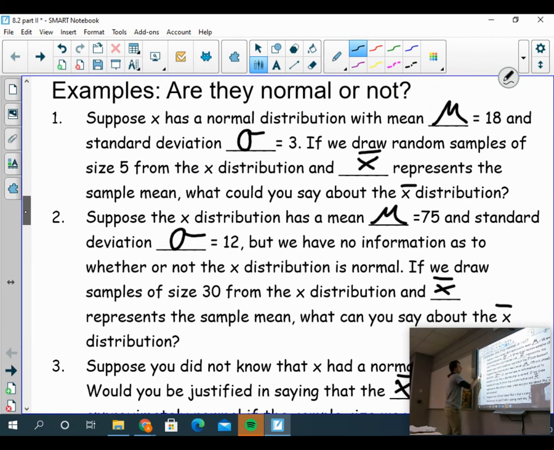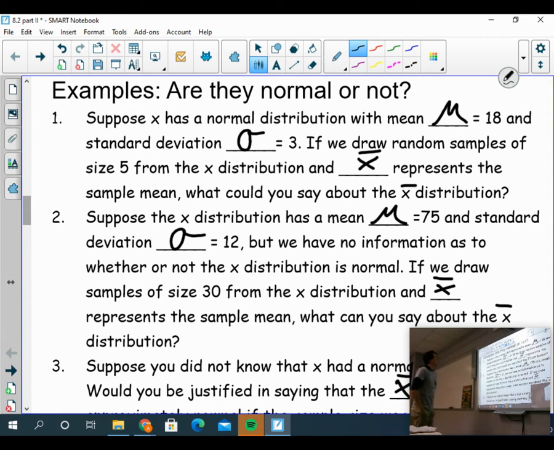Okay, so again, what you're doing here is you're using your notes on Theorem 1 and Theorem 2 to determine if the distribution of sample means is normal, not the population. Remember, we can't determine anything about the population. We can only use the central limit theorem and Theorem 1 to determine stuff about the distribution of sample means.